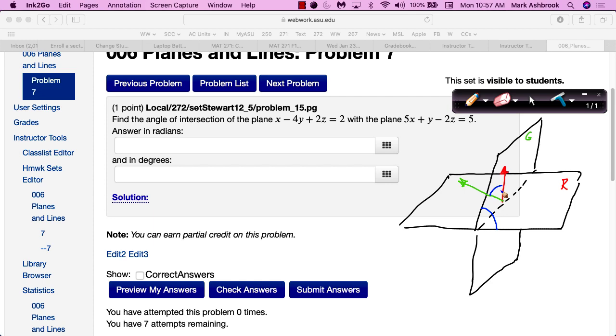This angle right here is the same as this one right here. Just imagine taking those two vectors and rotating them back 90 degrees, then they would lie in their respective planes, and that angle would be the same as this angle. See that?